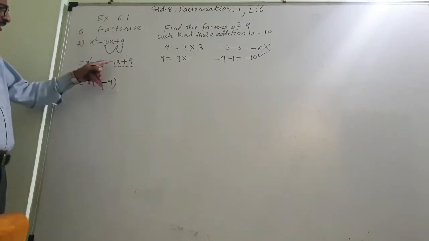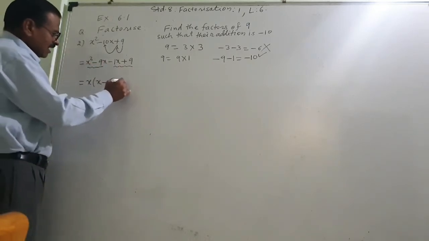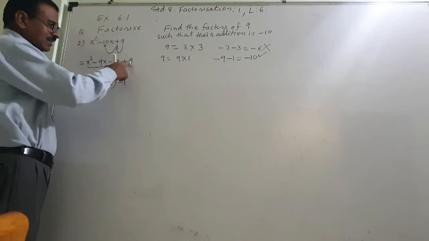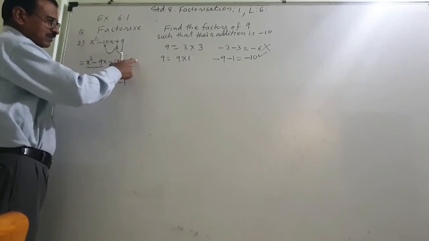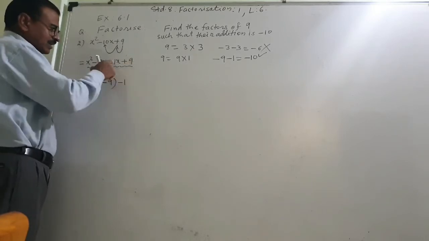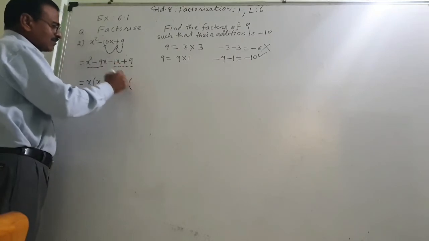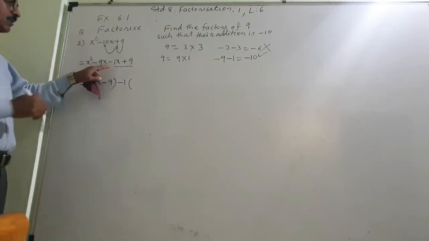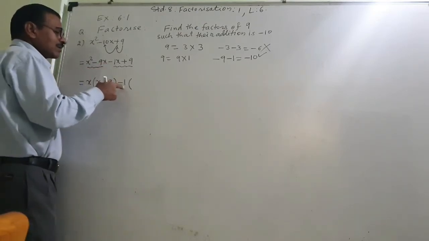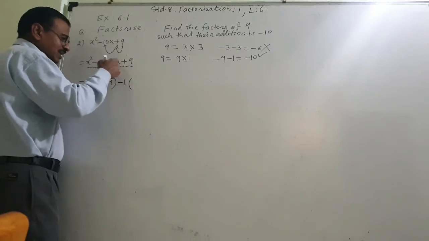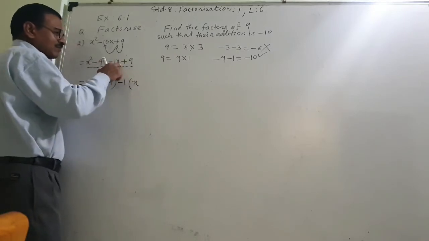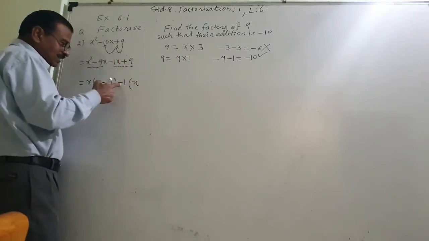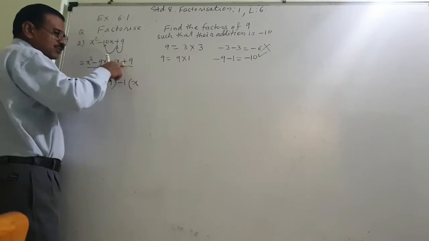Now here it is minus 1, that minus 1 I will take out. Here it is also 9 into 1, and it is 1 into x. Sometimes this 1 into x is not written, only x is written. That time also we should understand it. 1 is common. So if I take minus 1 out, here x will remain, and as minus is common, this sign should change.